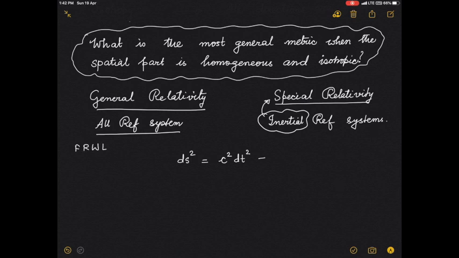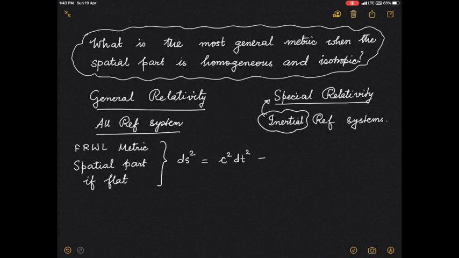So this metric is called the Friedmann, Robertson, Walker, Lemaitre metric. FLRW, FRWL, whatever way you can add the name of these people. And I am assuming the spatial part is flat.